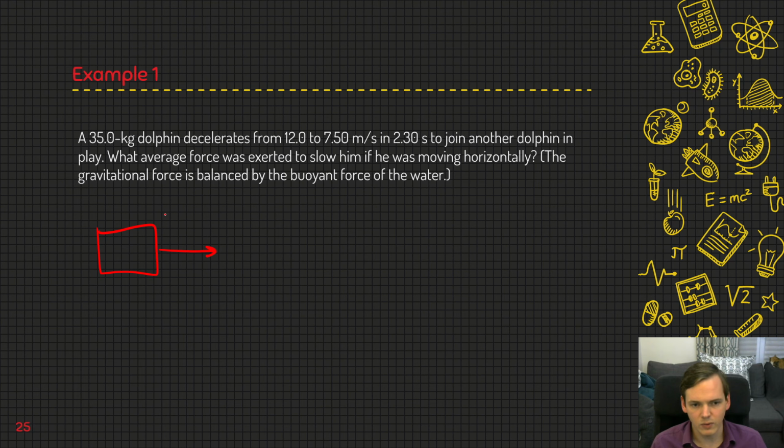The gravitational force is balanced by the buoyant force of the water. So we've got mass equals 35 kilograms. We've got an initial speed of 12 meters per second.